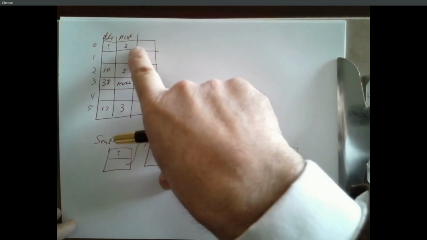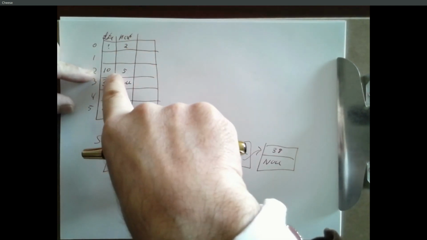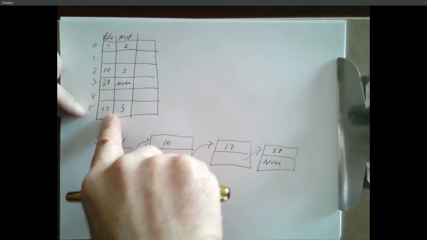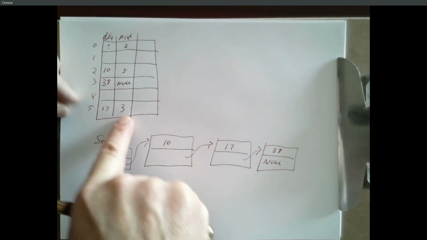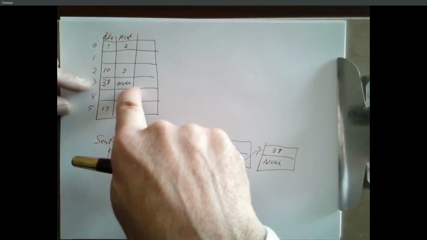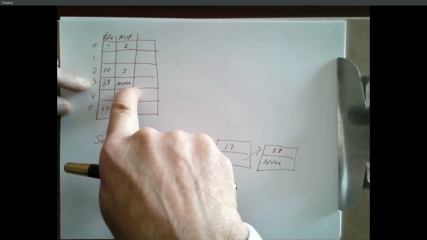So the sentinel points to index 2, that's our node with a 10, which points to index 5, that's our 17, points to index 3, that's our 38, and it points to null. So it's the end of the list.